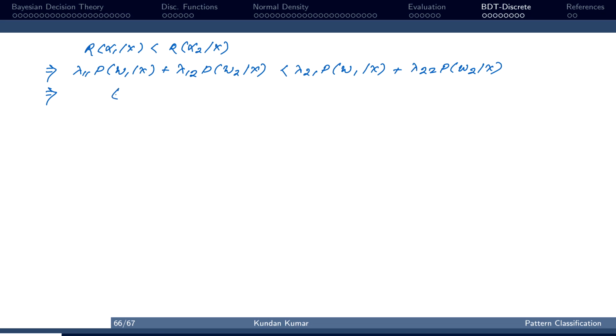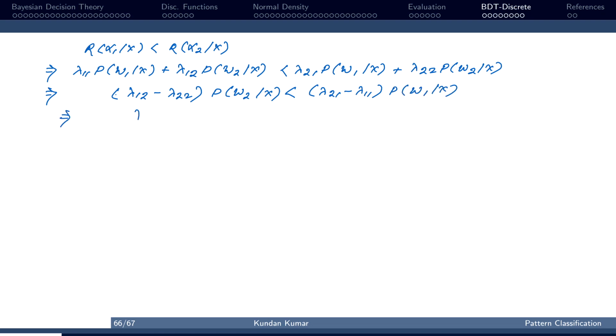So we will have lambda 1 2 minus lambda 2 2 into p of omega 2 given x is less than lambda 2 1 minus lambda 1 1 into p of omega 1 given x.